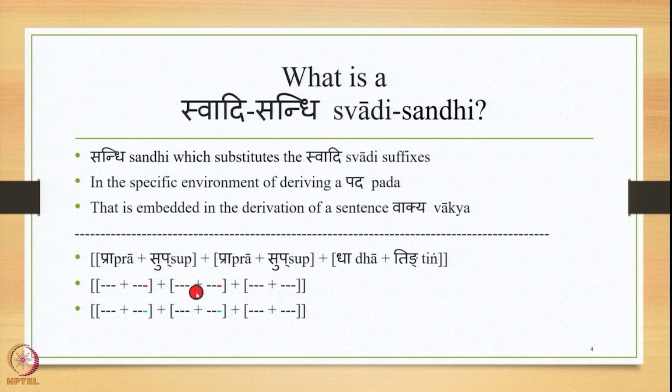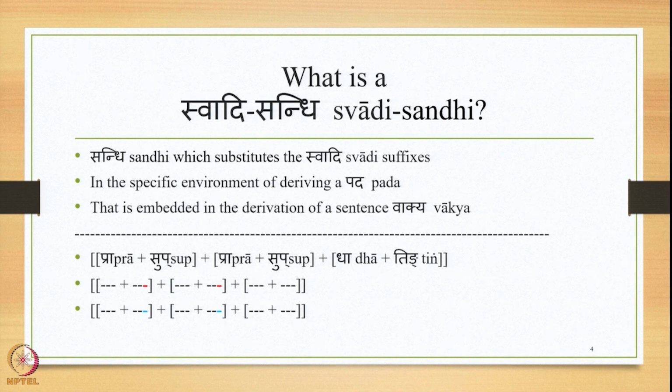When this pada comes into contact with this pada, obviously the final sound of the pratyaya comes immediately before the initial sound of the next pada, and they are uttered in close proximity. Similar is the case with the final sound of the sup pratyaya, and in place of these sup pratyayas, there is the sandhi that is happening. These sounds get replaced by these other substitutes, and that is the reason why these are called swadi sandhis, because they substitute the swadi suffixes.